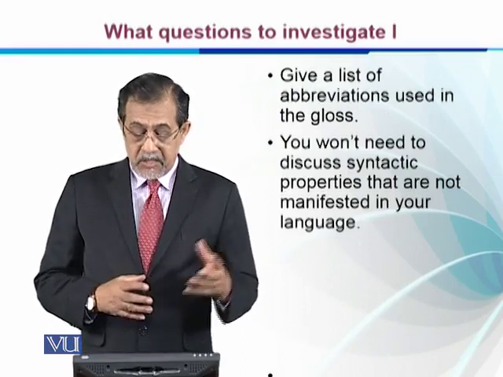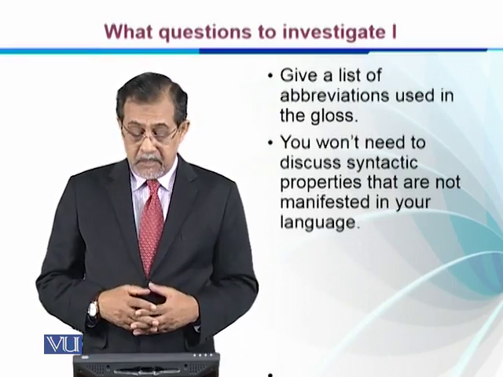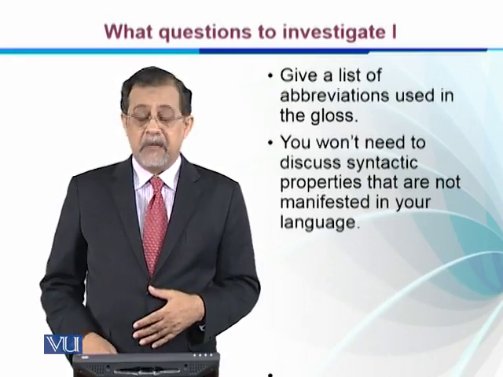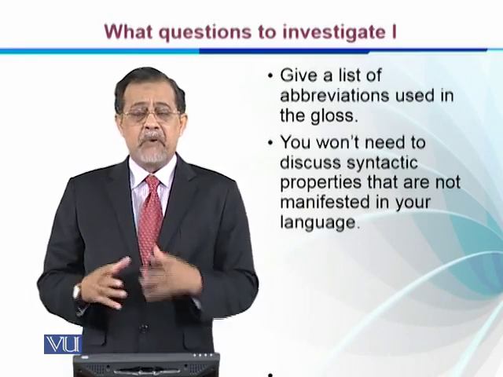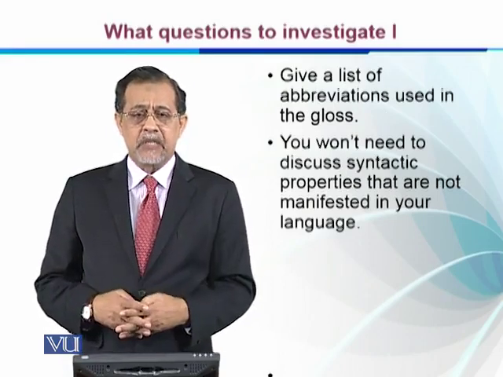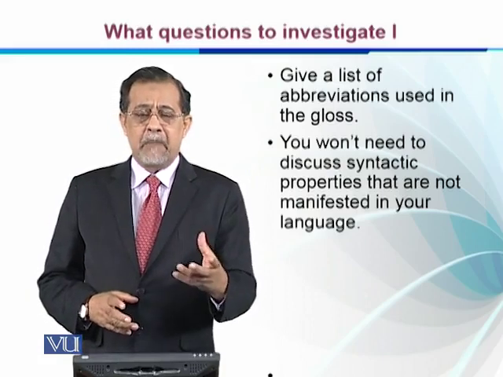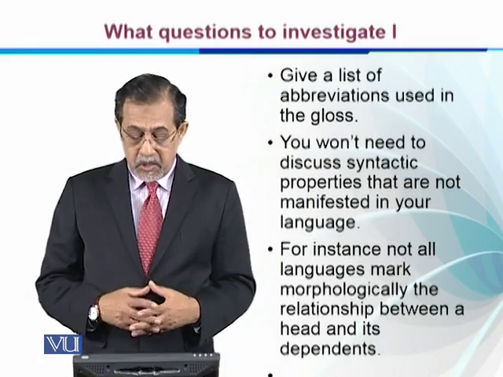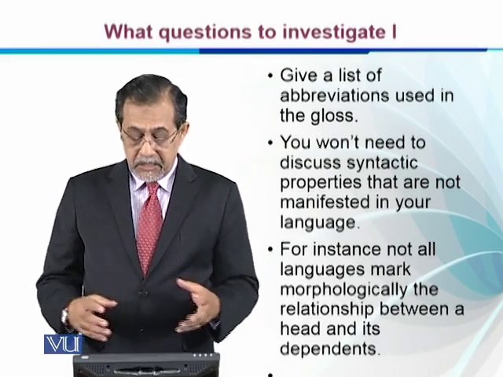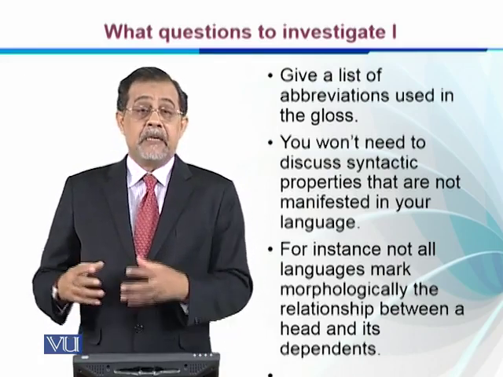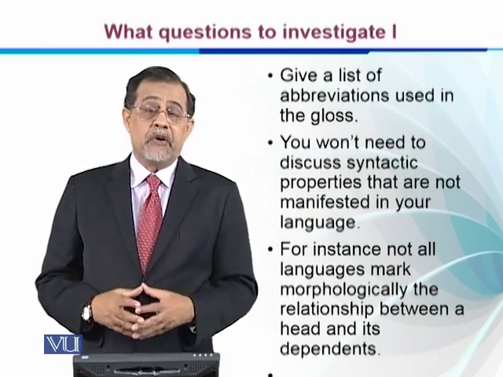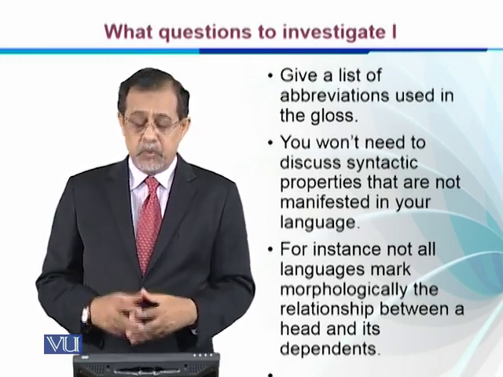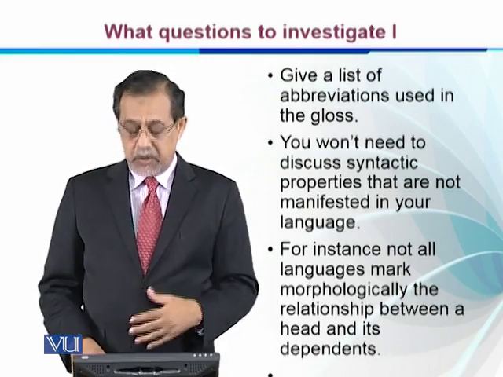You won't need to discuss syntactic properties that are not manifested in your language. So what is not found in your language, you do not discuss that part of the other language that you are studying. For instance, not all languages mark morphologically the relationship between a head and its dependent. So if it is not found in your language, don't use it in the language that you study.